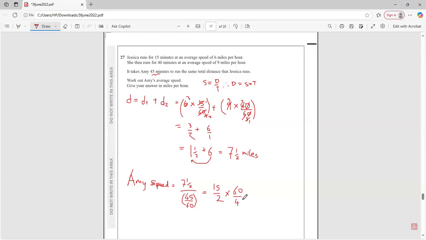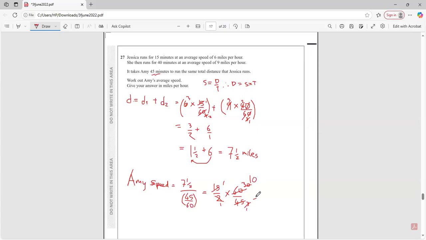So things can now play out very nicely. 15 will go in itself one time. 15 will go in 45 3 times. 2 will go in itself one time. 2 will go in 60 30 times. 3 will go in itself one time, and 3 will go in 30 10 times.